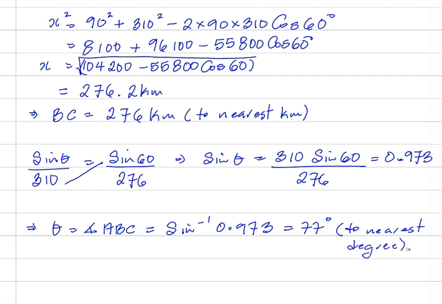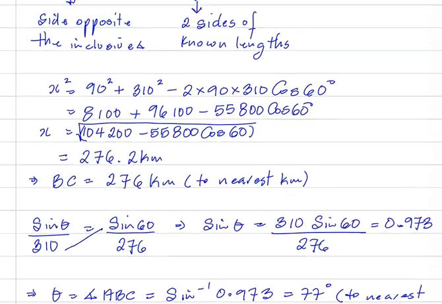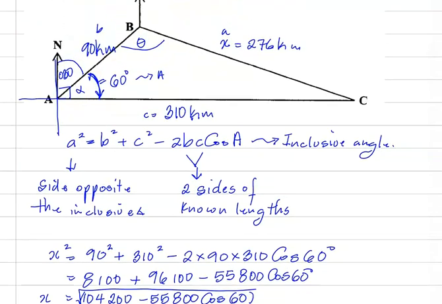All right. So we just found this angle here to be 77 degrees. It doesn't look like 77 degrees, but we were told at the beginning that the triangle is not drawn to scale.